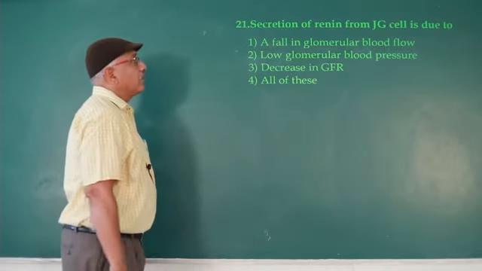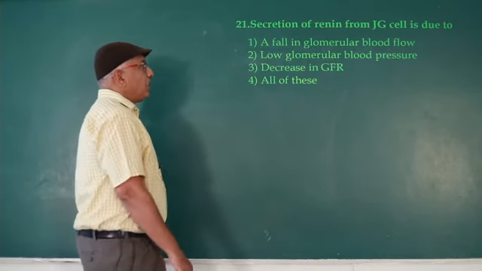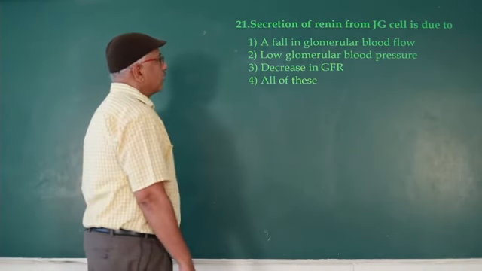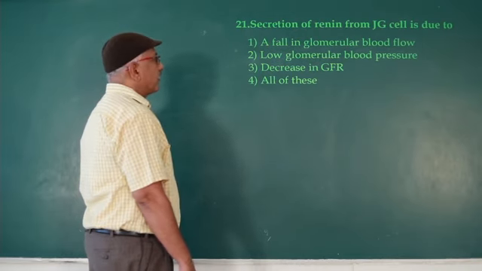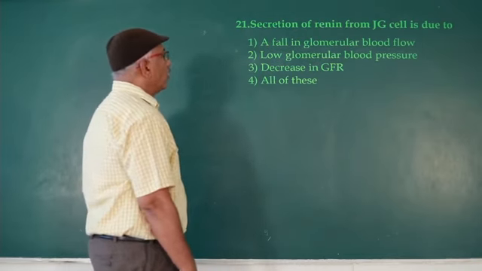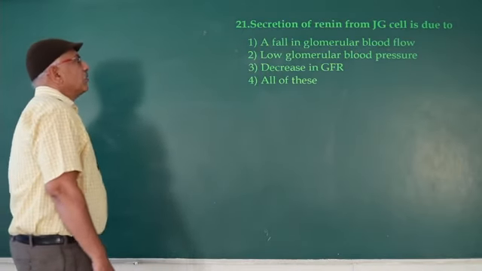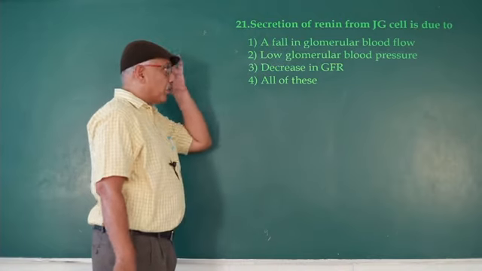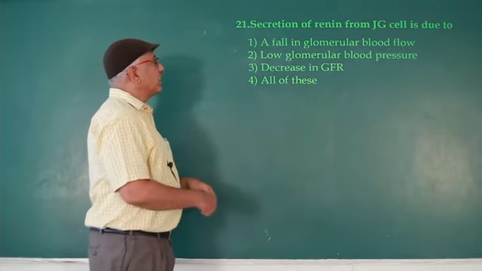Secretion of renin from juxtaglomerular cells is due to a fall in glomerular blood flow, correct. Decrease in glomerular filtration rate, correct. Low glomerular blood pressure, volume decrease, a fall in glomerular blood flow. Whenever blood flow is low, pressure decreases.